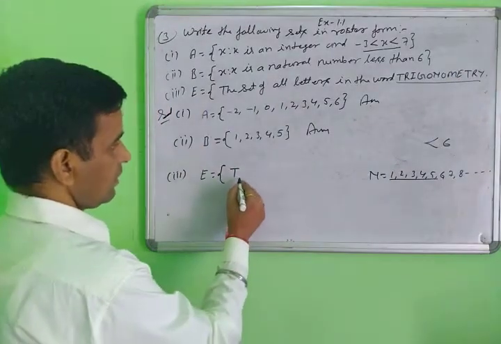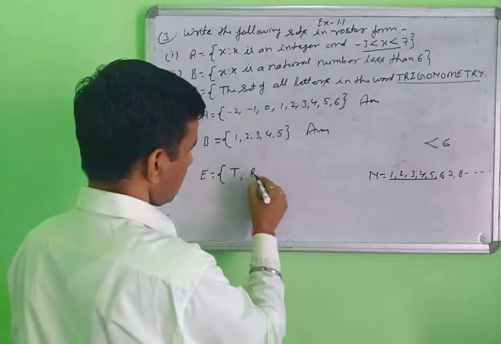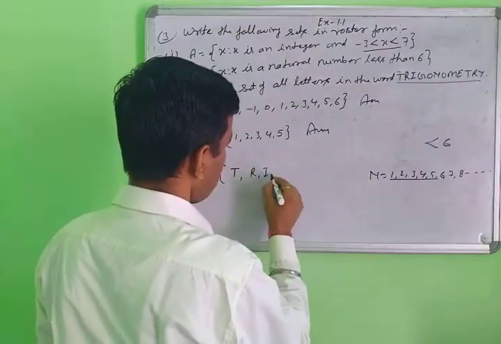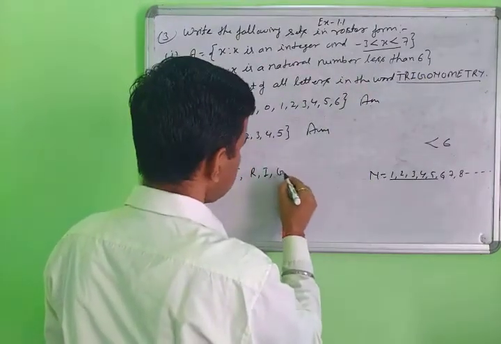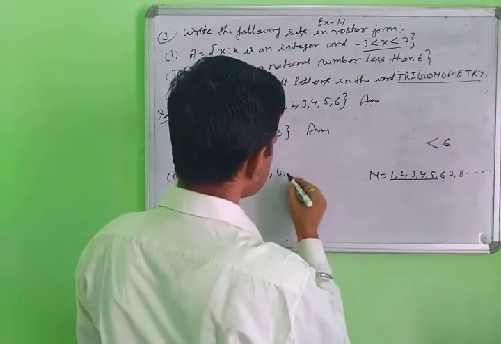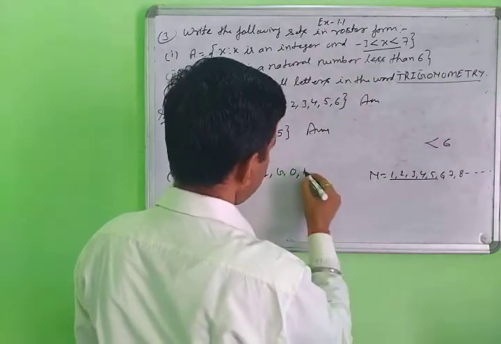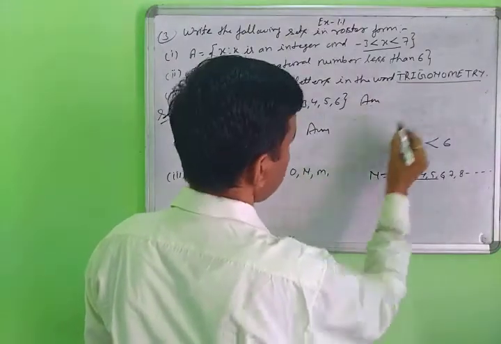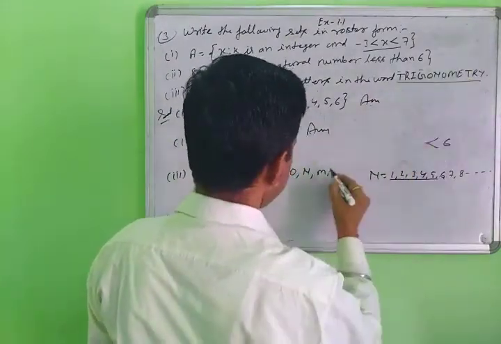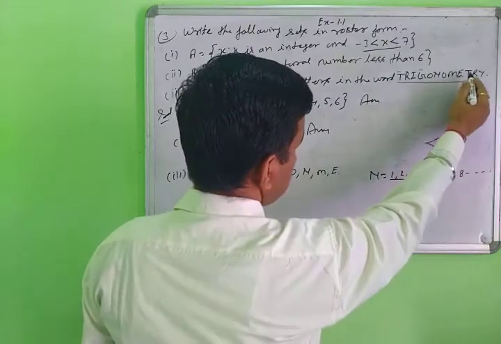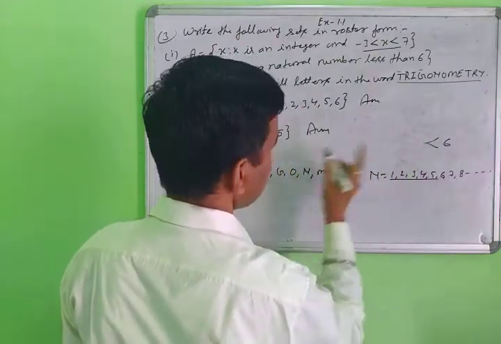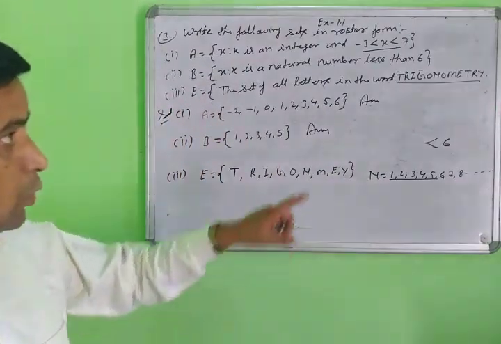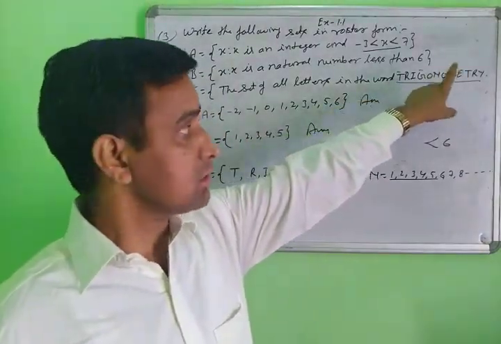The T, first R, I, next G, next O, next N, next M, E, T is repeated, R already came, and Y. Those letters are repeating, so don't write them again.